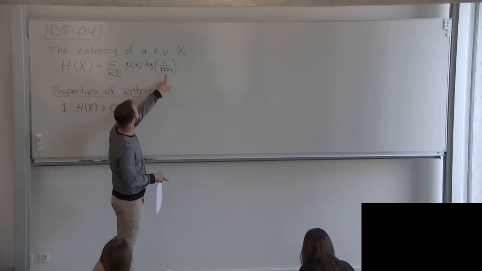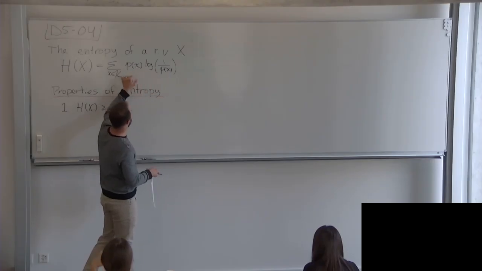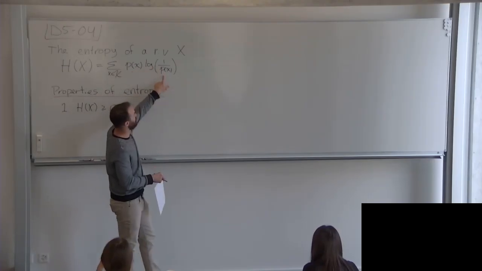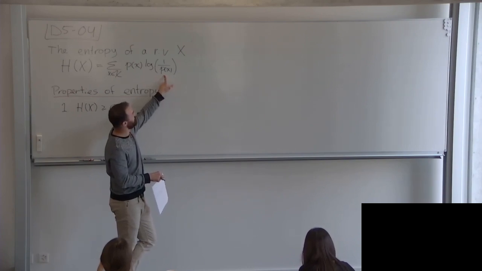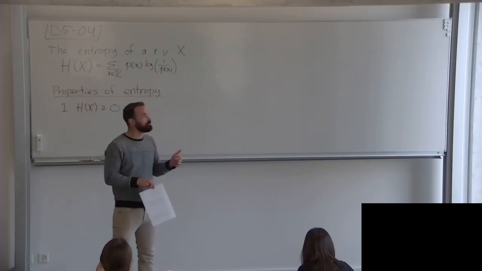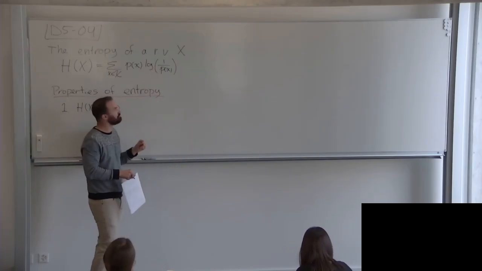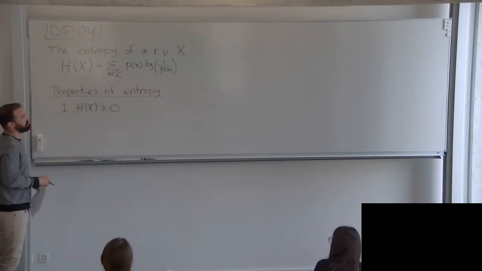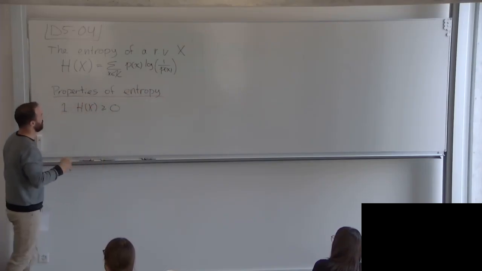And for all non-zero p of x, we will add p of x times log of 1 over p of x. 1 over p of x is going to be greater than or equal to 1, because p of x is going to be smaller than or equal to 1, and so the log will be greater than or equal to 0. So each term we're adding is a product of two numbers larger than 0, and we add them up.